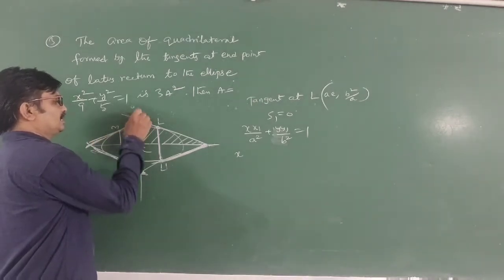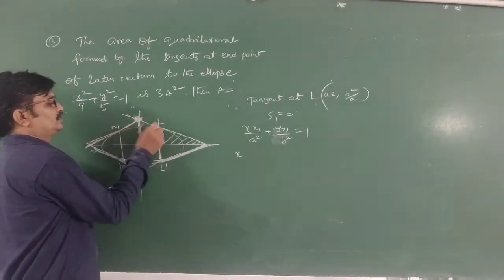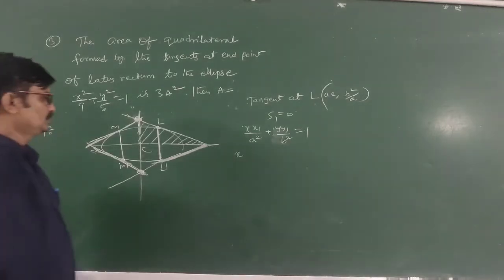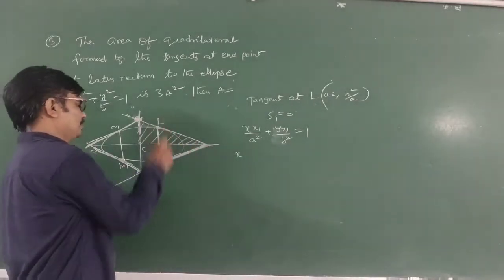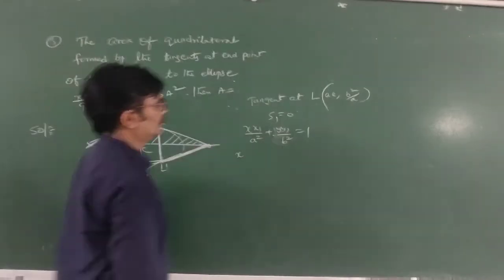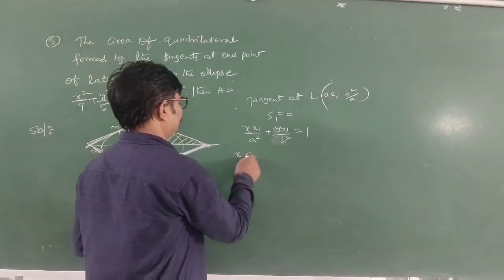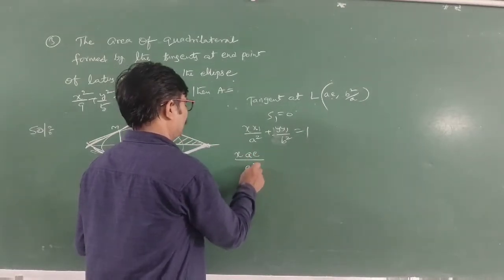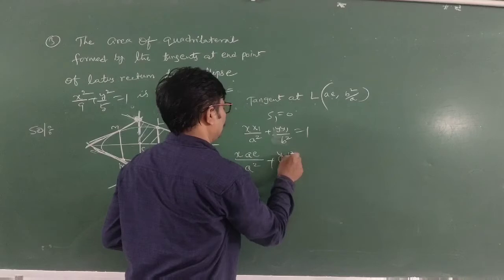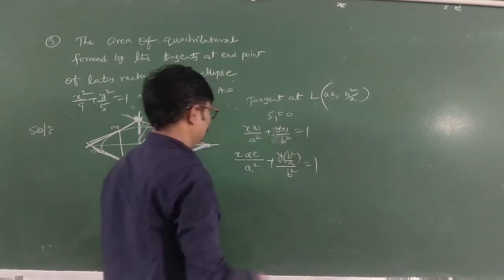These undoubtedly intersect on the y-axis. Since this is minus AE and this is plus AE, undoubtedly the x term will be 0. So this is also similar. This is B square by A, this is minus B square by A, y will be 0. So students, the tangent at AE, x1 is AE by A square. Now y1 is B square by A upon B square equal to 1.